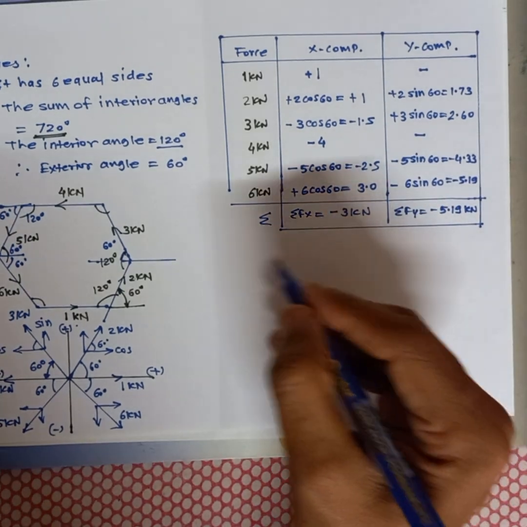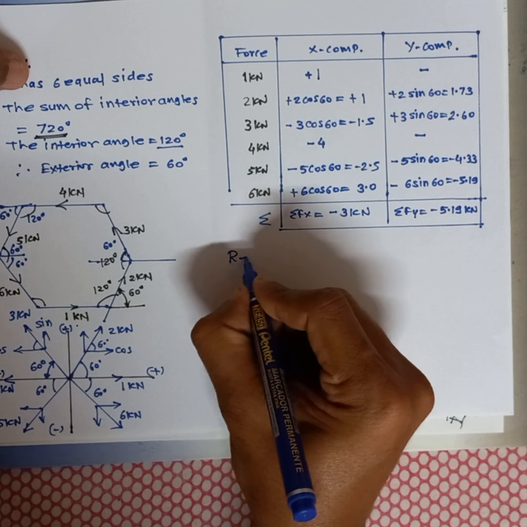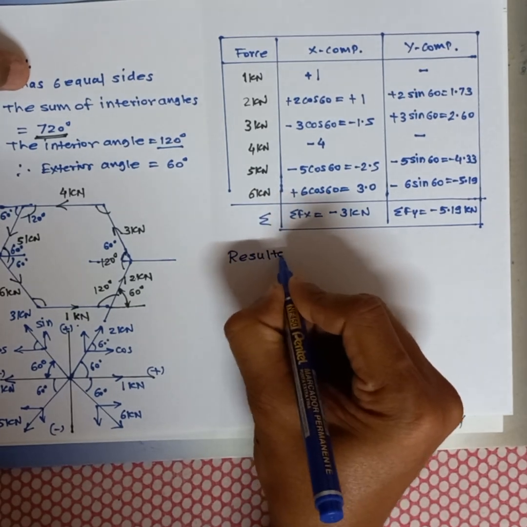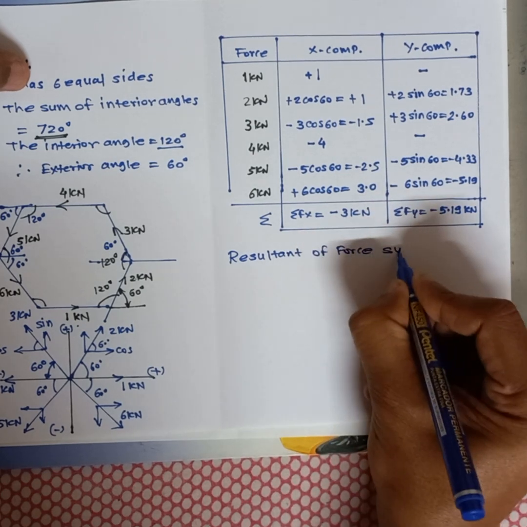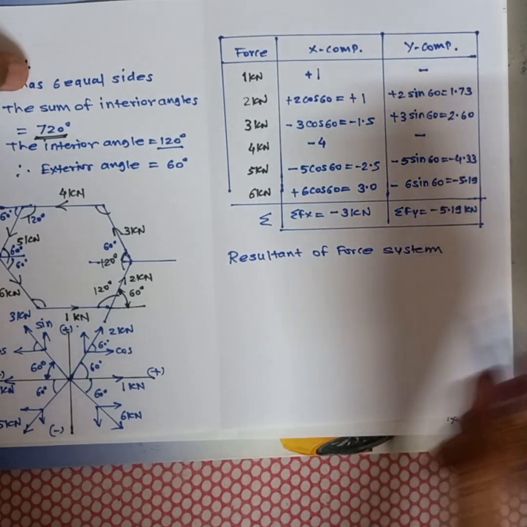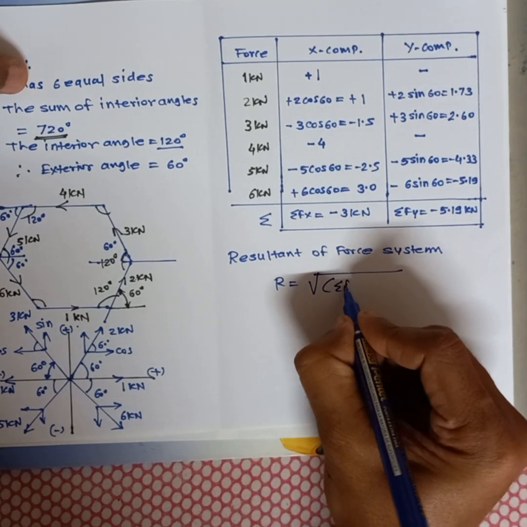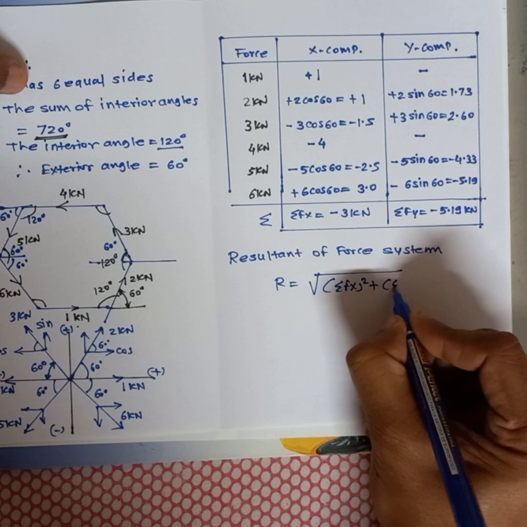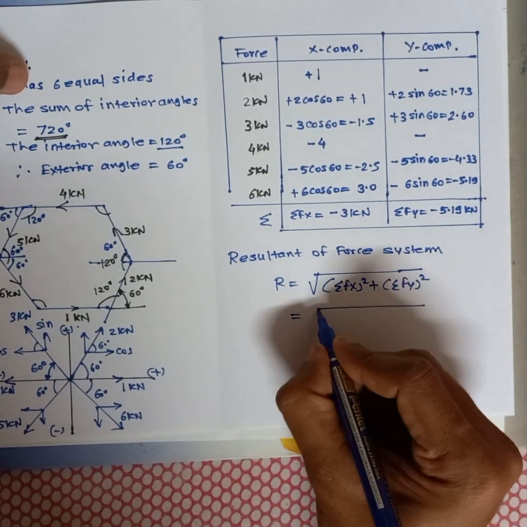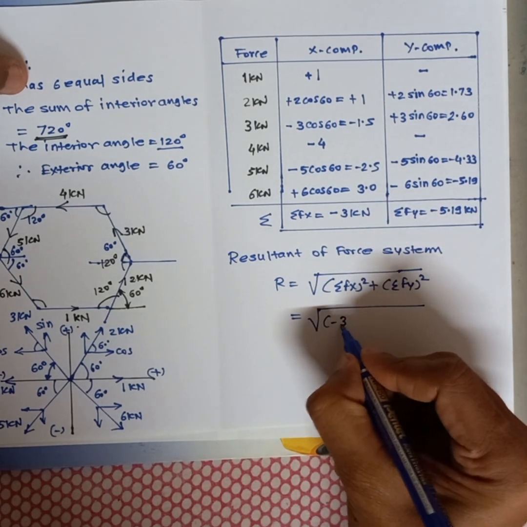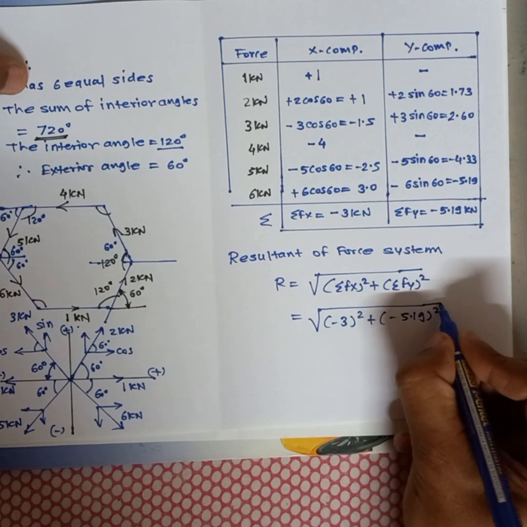Right? So here we can find the resultant now. Resultant of the force system, you know the formula, it is square root of summation of Fx squared plus summation of Fy squared. Just substitute the values and solve on calculator.